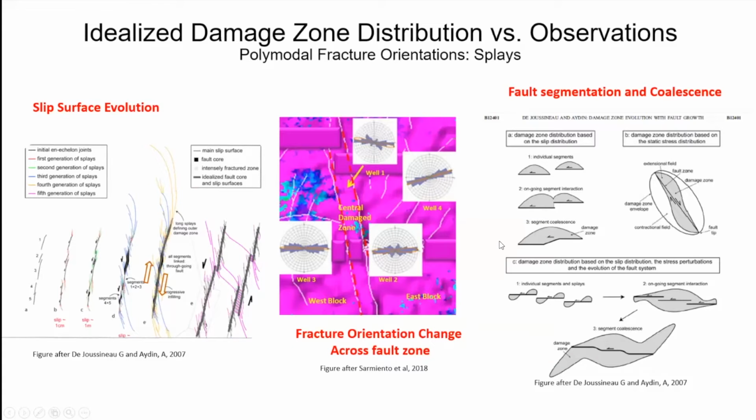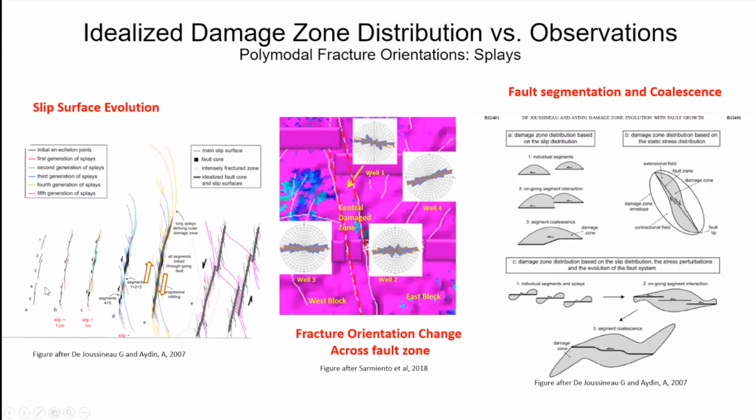Let's move from a normal fault setting to a strike-slip setting, and this gets even more interesting. On the left-hand side, we have the slip surface evolution of a strike-slip fault system. This is work done by Dieterich and Aydin, 2007, both on the left and the right.